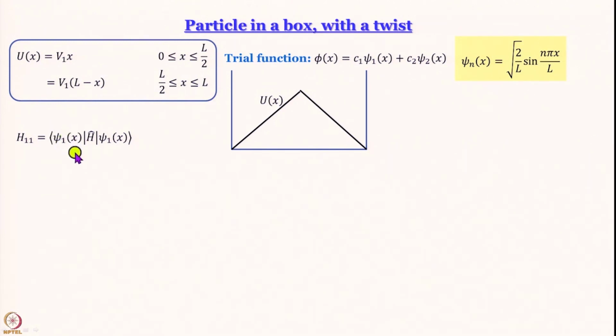Integral psi 1 of x star. In this case, of course, star is redundant, just psi 1 of x is fine because it is a real function, left multiplying the Hamiltonian operating on psi 1 of x. Let me, for the record, we will refer to it shortly, but let me even now write it once. What is this Hamiltonian?